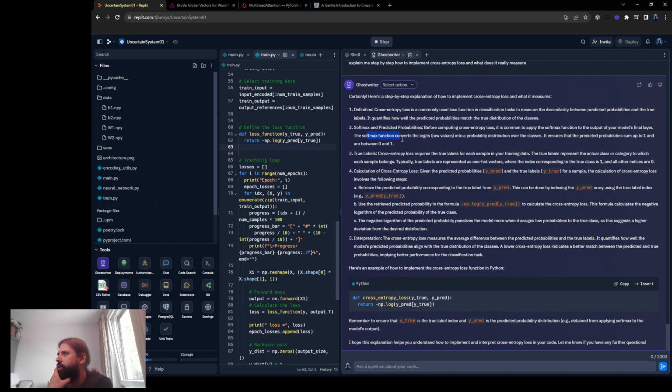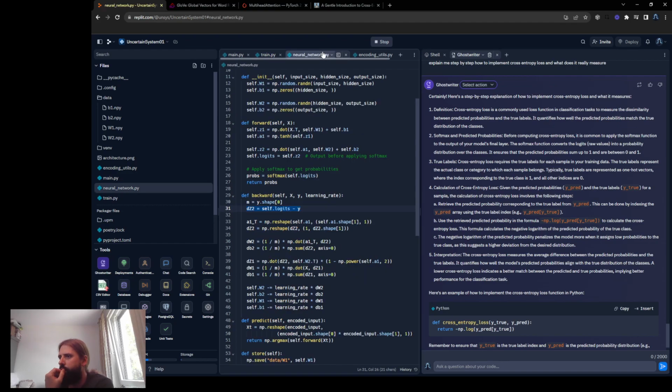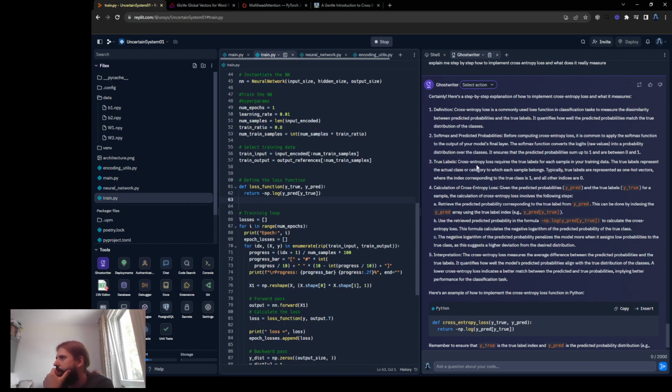The softmax function converts the logits, raw values, into a probability distribution over the classes. Okay. Is forward doing softmax? Yes. So that's probabilities.